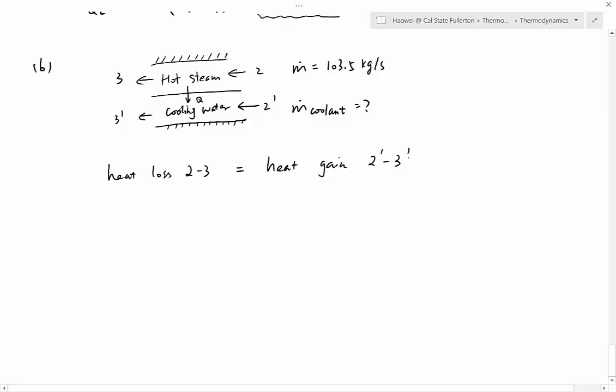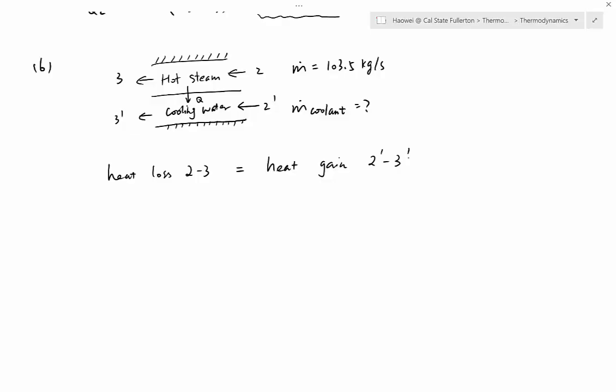The heat transfer happens from the hot steam to the cooling water. So if the hot steam loses 100 kilowatts, the cooling water will gain 100 kilowatts. Heat loss from 2 to 3 must be equal to heat gain for 2 prime to 3 prime.